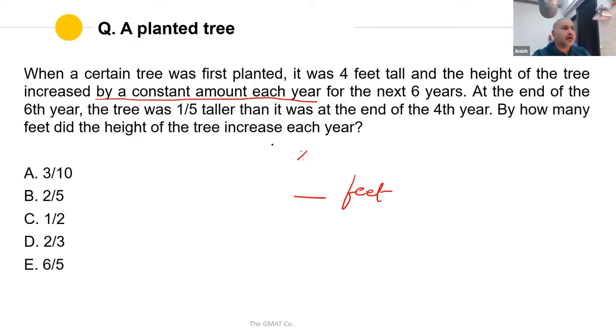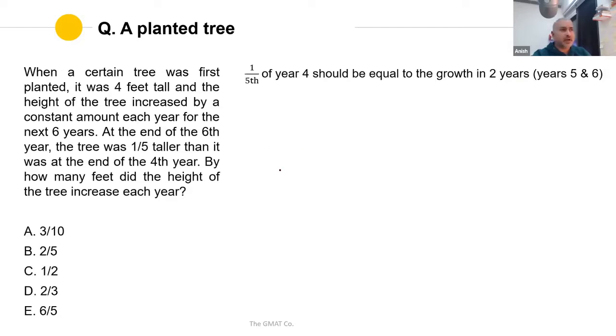We'll discuss two approaches here. What we are told is that 1/5 of the height at the end of year 4 is how much the growth was in the last 2 years. At the end of the 6th year, the tree was 1/5 taller.